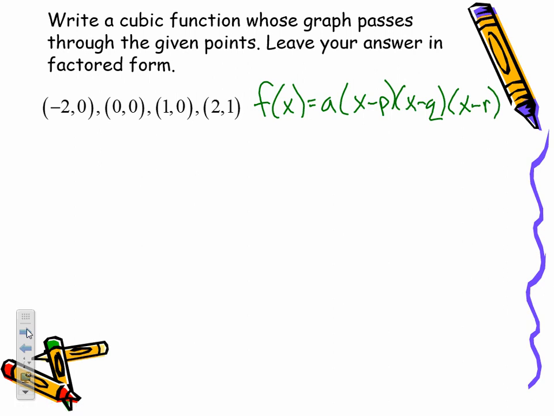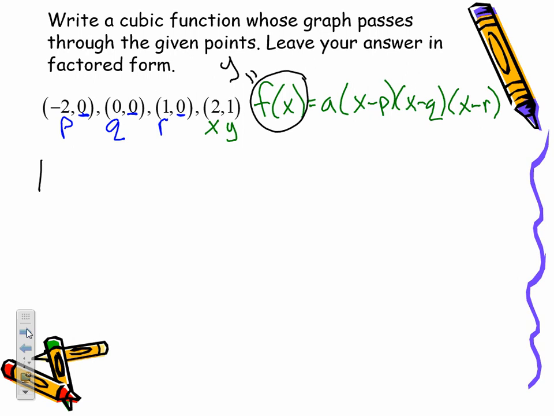Now, if we look at this, any ones with zeros, these are my x-intercepts. So this is my p, this is my q, this is my r, which means this point over here is my x and my y. So we're going to plug in what we know. Remember, this means y.